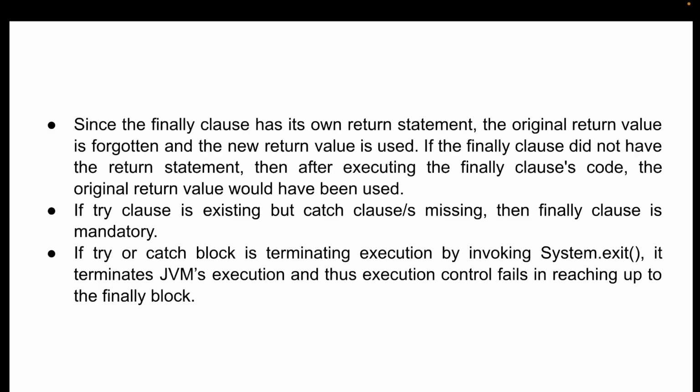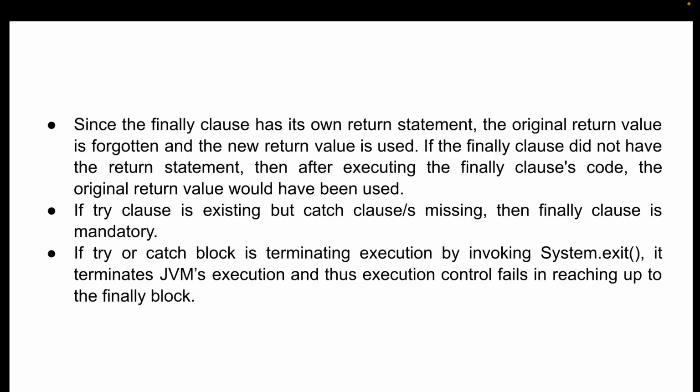Okay, let's read through this slide also and then I will show you another demo. Since the finally clause has its own return statement, the original return value is forgotten and the new return value is used. If a try clause exists but catch is missing, then the finally clause is mandatory.